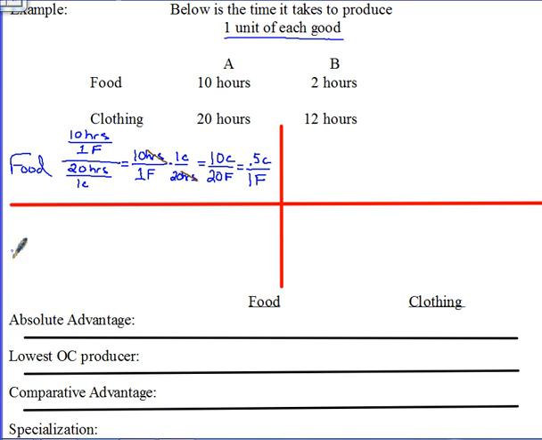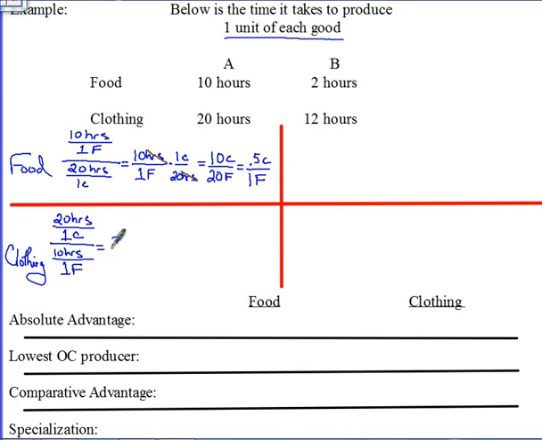Let's do this for clothing for person A. So now we're doing clothing. So we want clothing to be in the numerator and work its way down to the denominator. So we're just going to take 20 hours to produce 1 unit of clothing, divided by the 10 hours to produce 1 unit of food, and multiply by the reciprocal again.